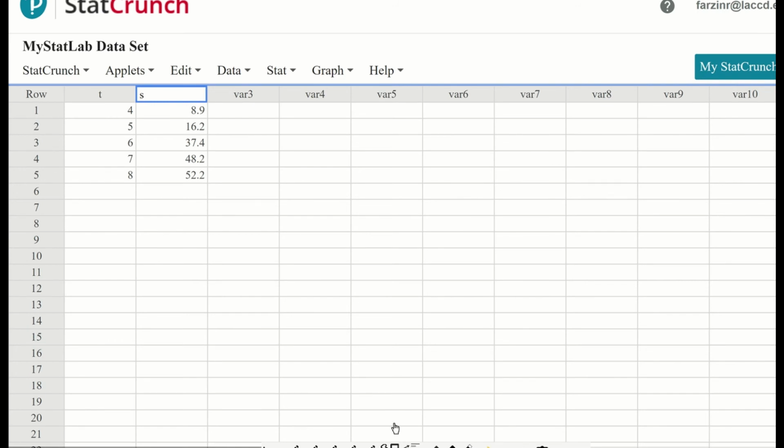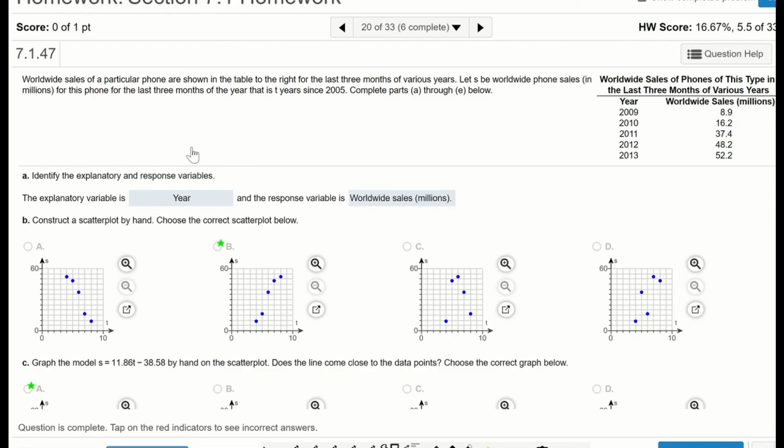Okay, so going back, the explanatory variable is the year, of course, T, right? And S is the response variable. Let's do our scatter plot to see which one of those we should pick.